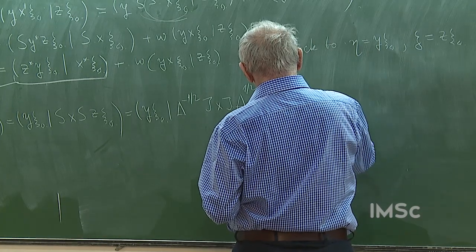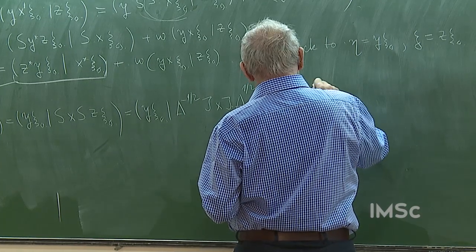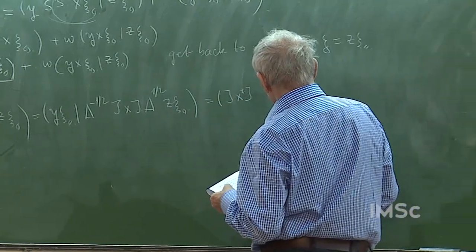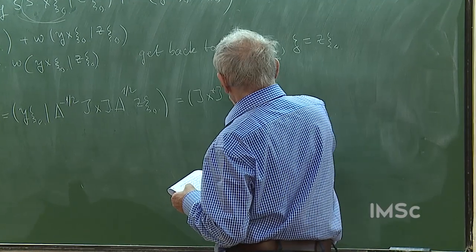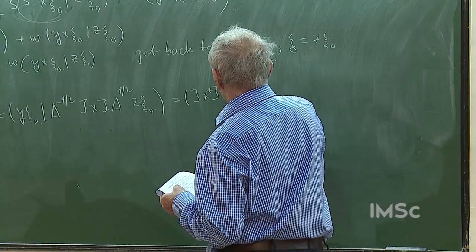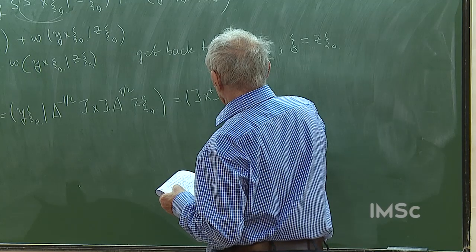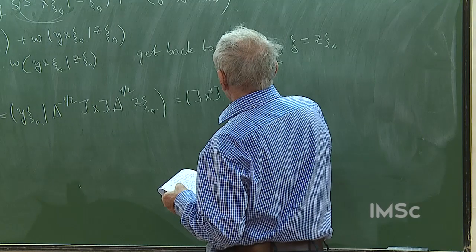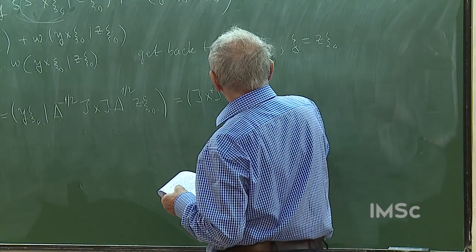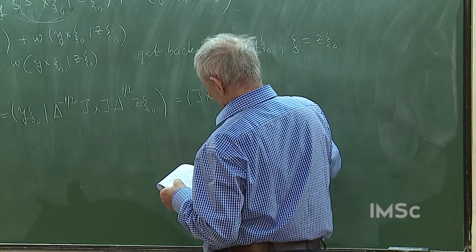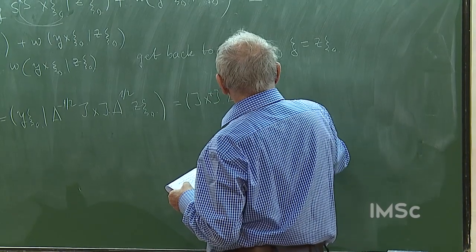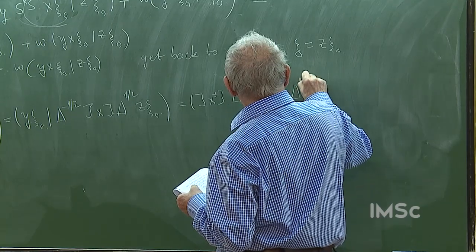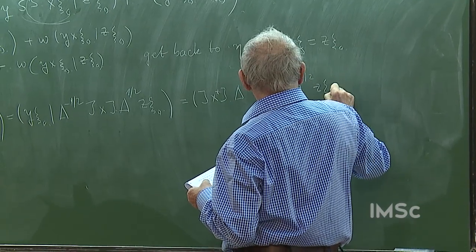Then this is equal to j x star j delta minus 1/2 j x star j delta minus 1/2, correct, y psi naught, and delta 1/2 z psi naught.